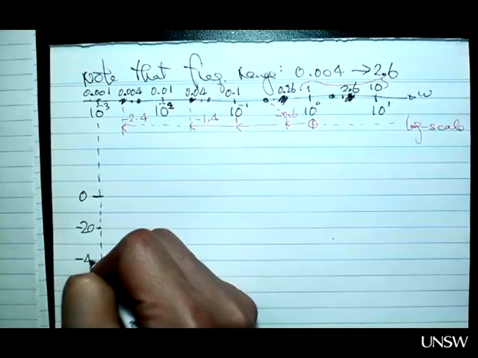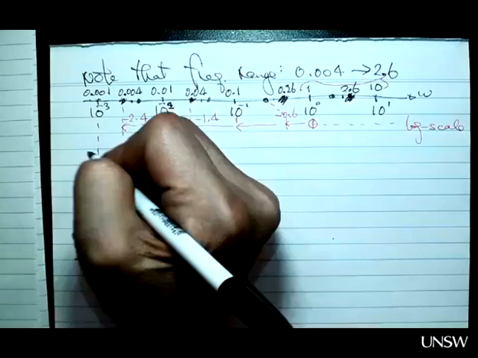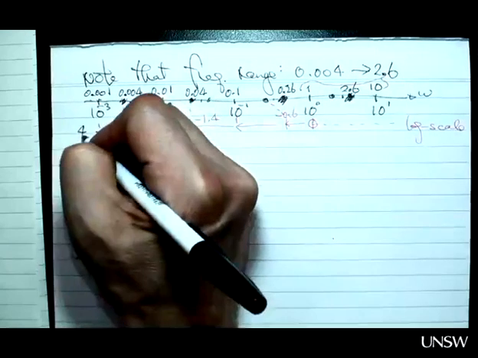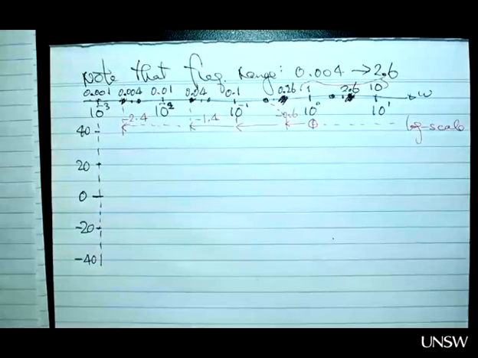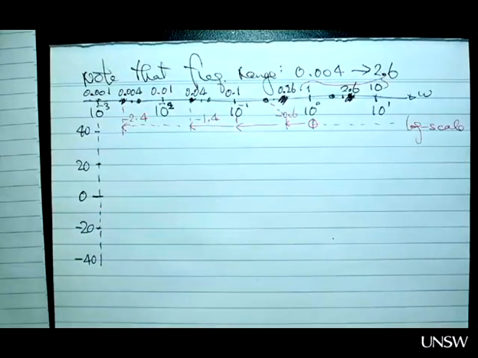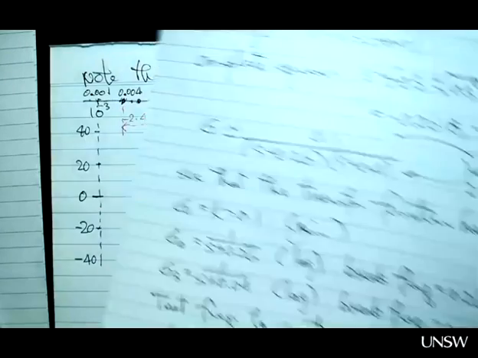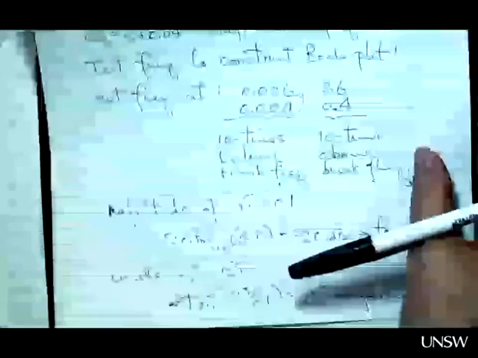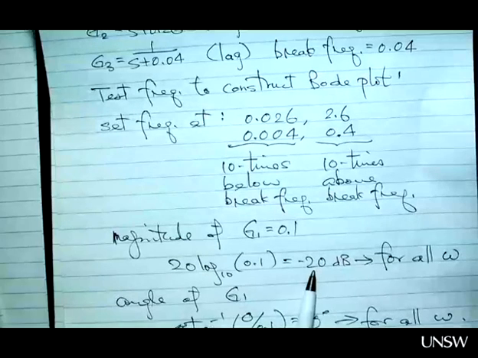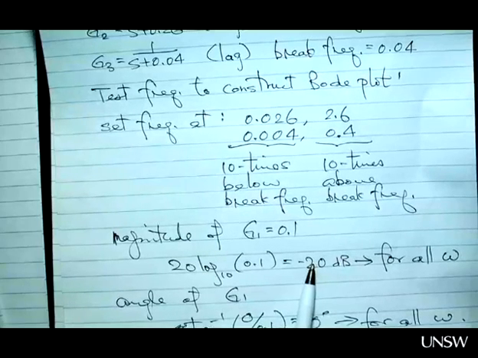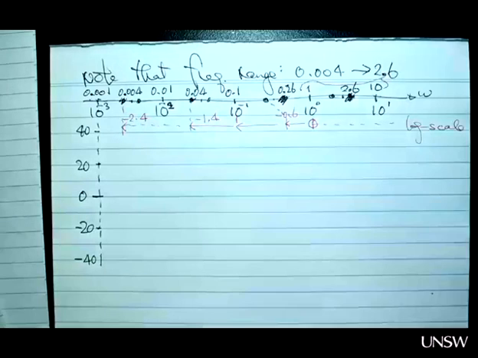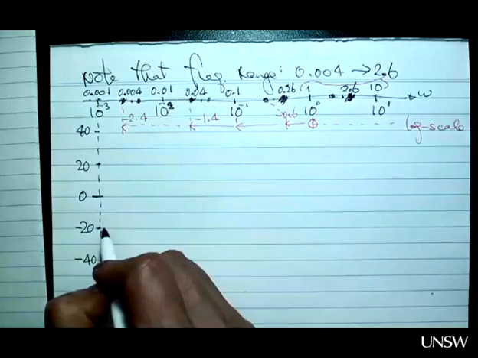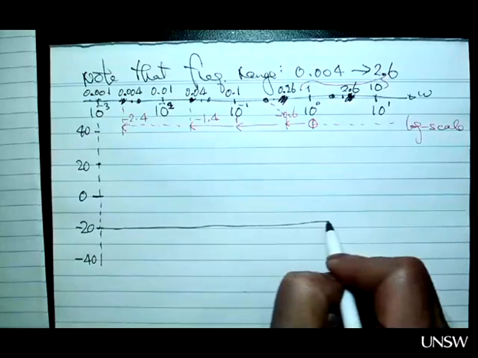Here, it's 20, and then it's 40. Okay, we call that the first term. The first term, the magnitude is minus 20. So we have a minus 20 for all frequencies. Okay, this is G1.